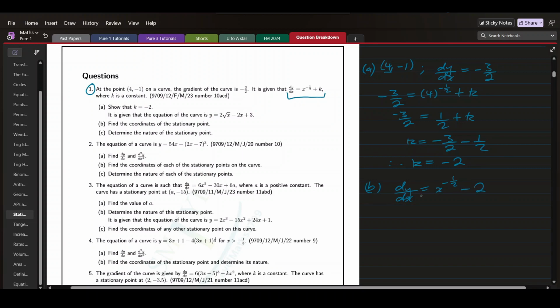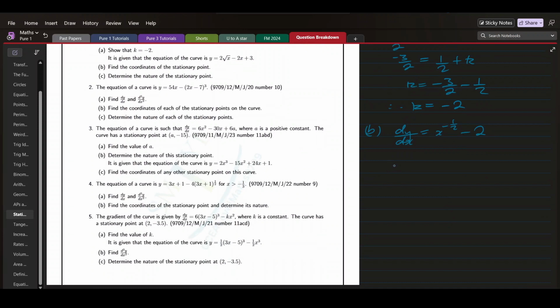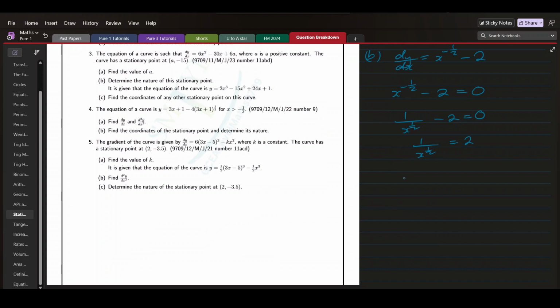And we want the coordinates of the stationary point, so we can simply equate our gradient function to 0. x^(-1/2) - 2 is equal to 0. I'll just write that as a positive power, so that's 1/x^(1/2) - 2 = 0. So 1/x^(1/2) is equal to 2, which means that x^(1/2) is equal to 1/2.